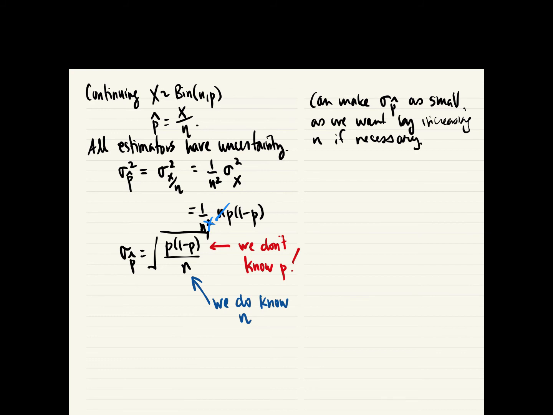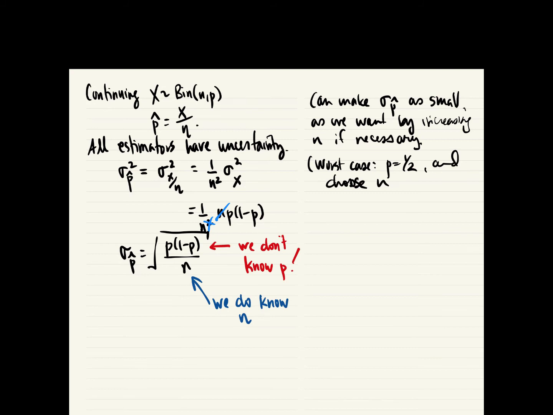And if you want to do a worst case scenario analysis, you can find a value of p that maximizes the numerator, which I think you'll see is 1/2. And then choose n using that value of p.